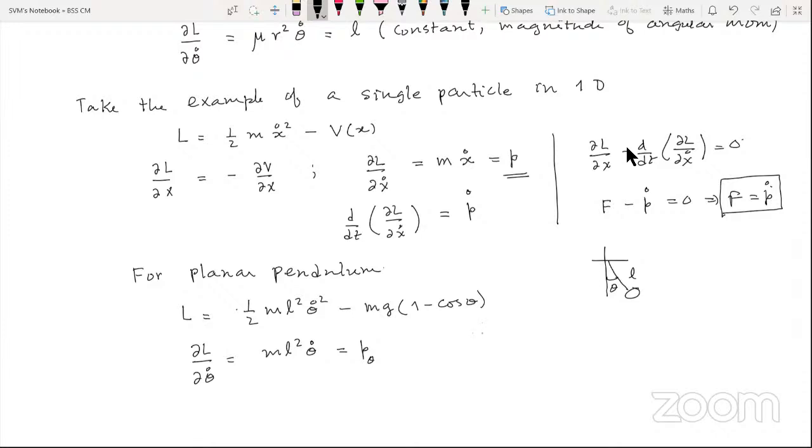Okay, so this particular quantity, for a given generalized coordinate q, ∂L/∂q̇, you call this the canonical momentum, or you can call it the canonically conjugate momentum.